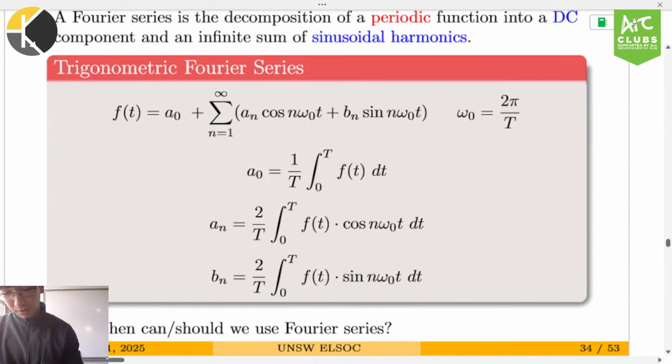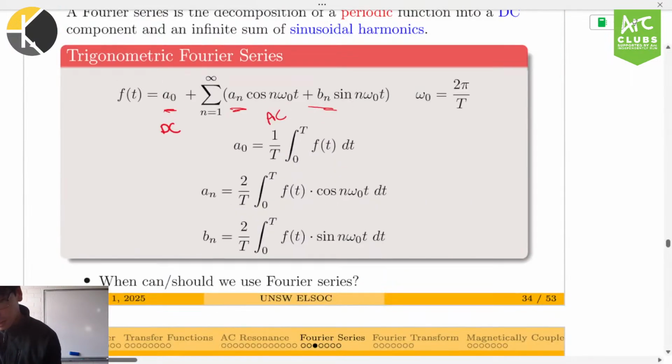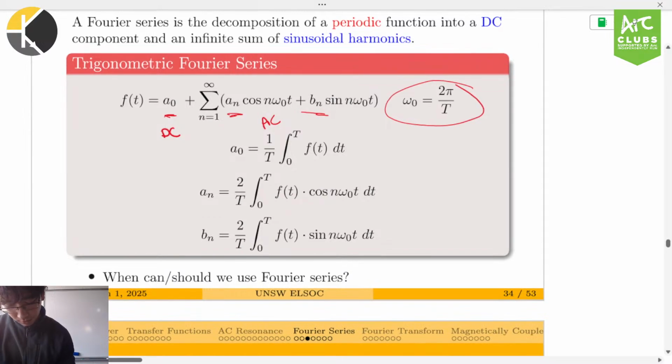So, the basic definition: this A0 term is our DC term, and our AN and our BN represent our AC coefficients. It's also important to note that the fundamental frequency is given by 2 pi over the period of the signal. And these are all the different ways that you calculate each of those coefficients.